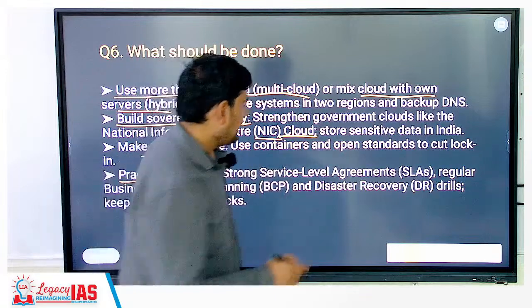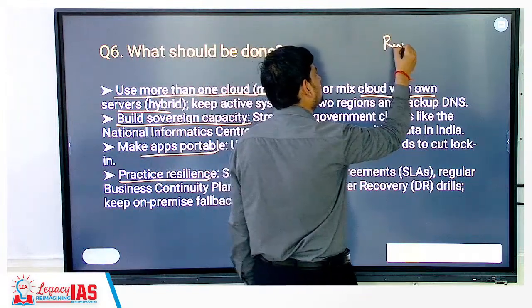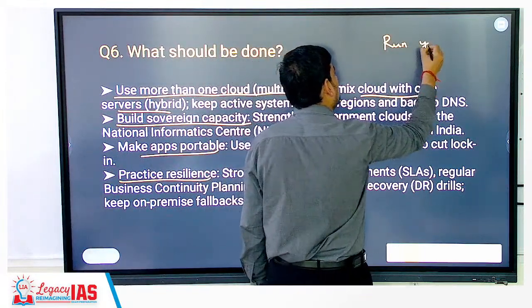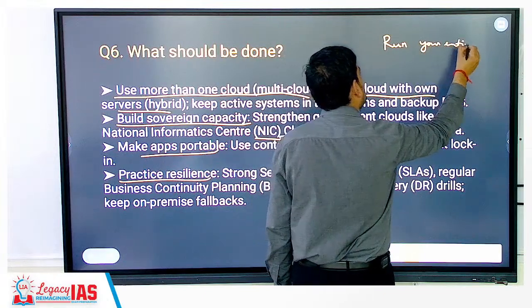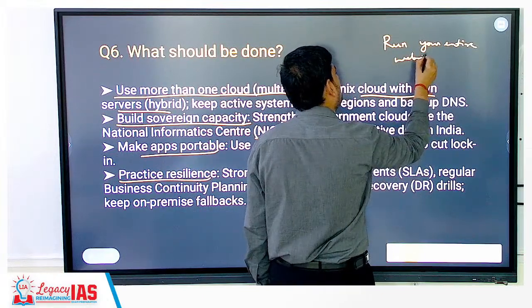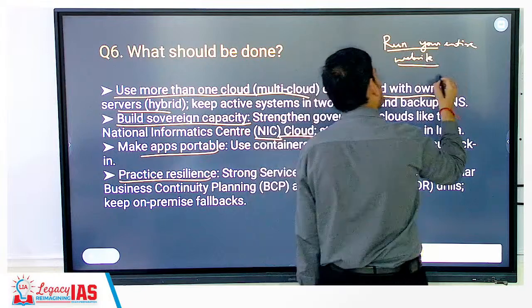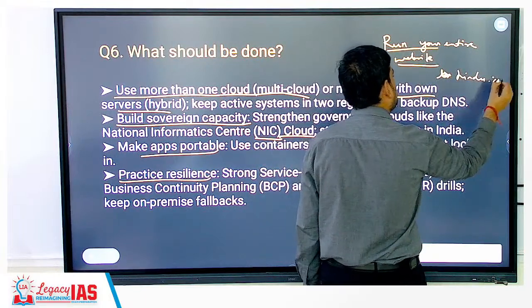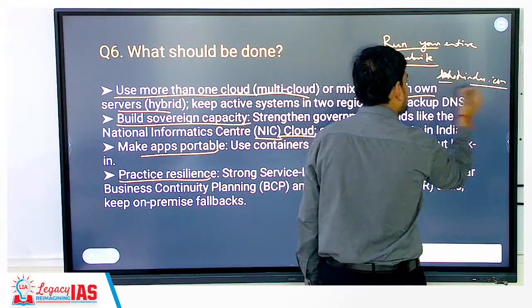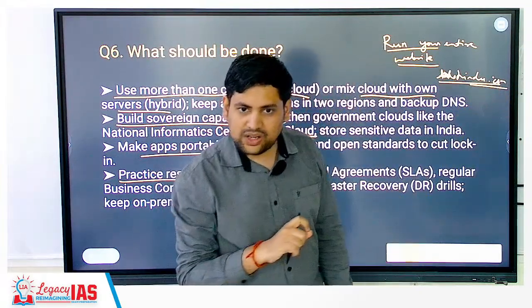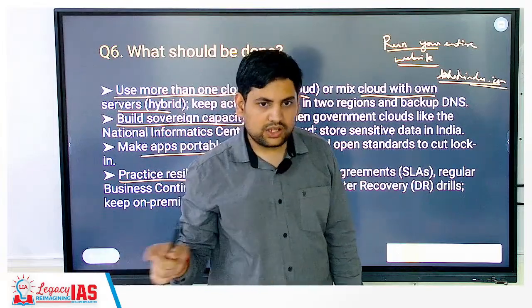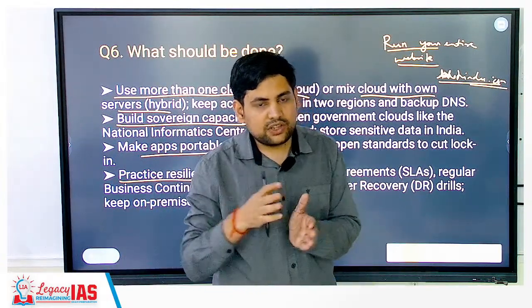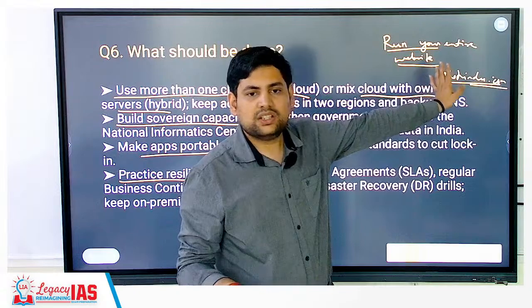They basically run your entire website. Now, for example, let's say I pick thehindu.com. This is a newspaper. So how the website of the Hindu will work, how it will look, everything will be hosted on the AWS servers.